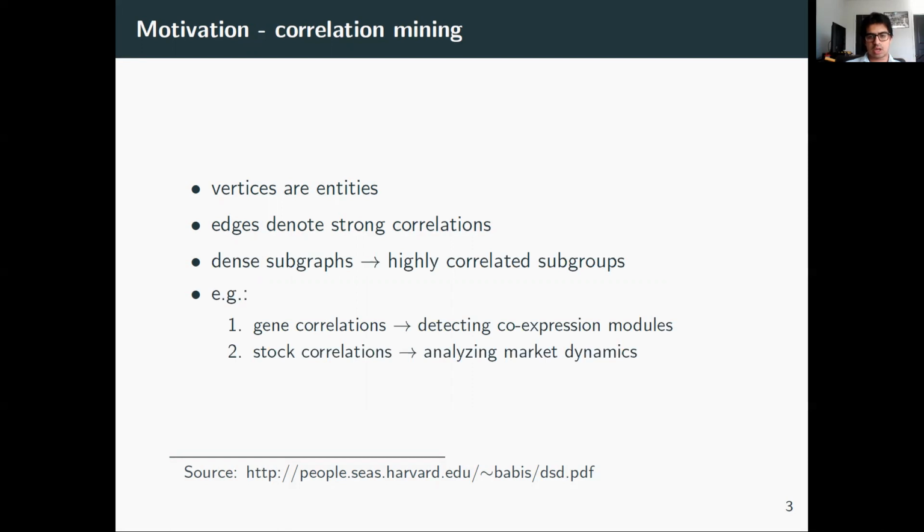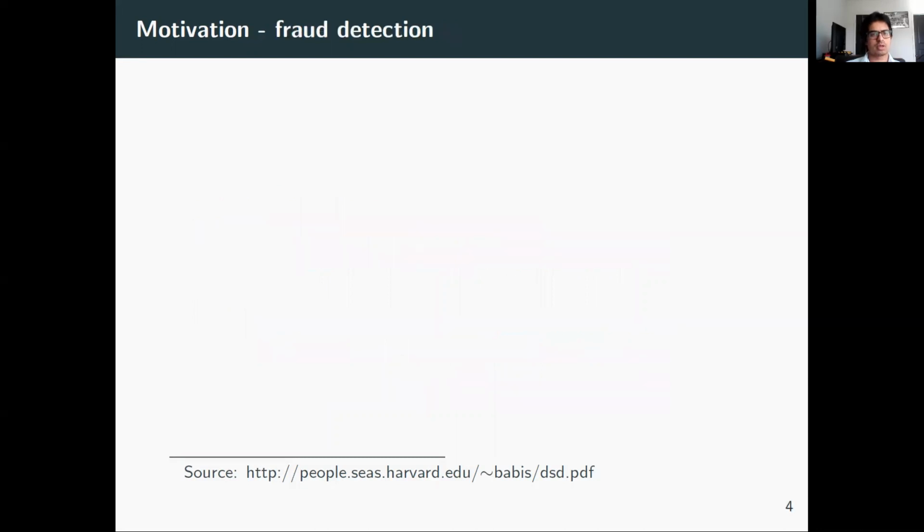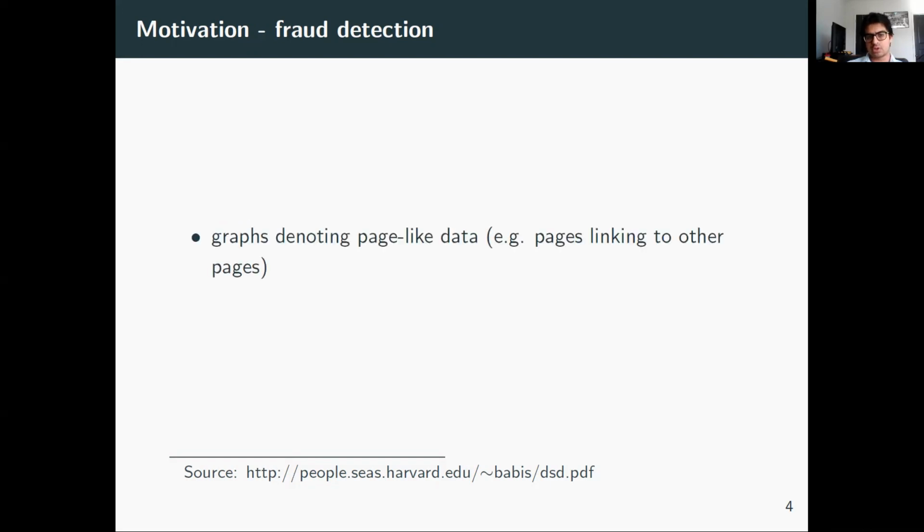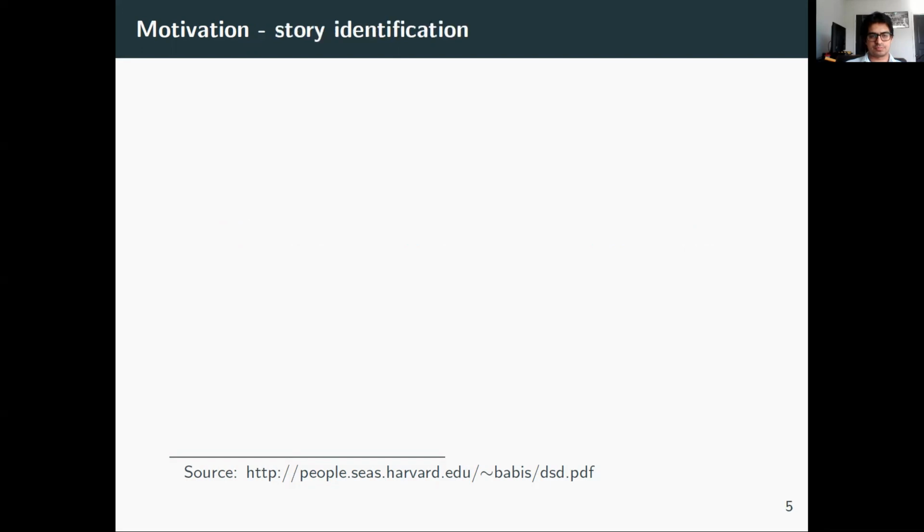Similarly, in stock correlations, these dense subgraphs are useful to analyze market dynamics. Another application is a graph of page links, where pages link to each other, and an especially dense component can reveal an artificial attempt to inflate the page rank.